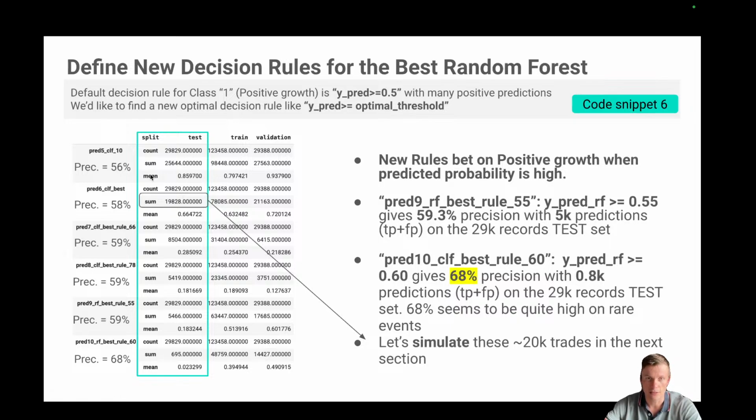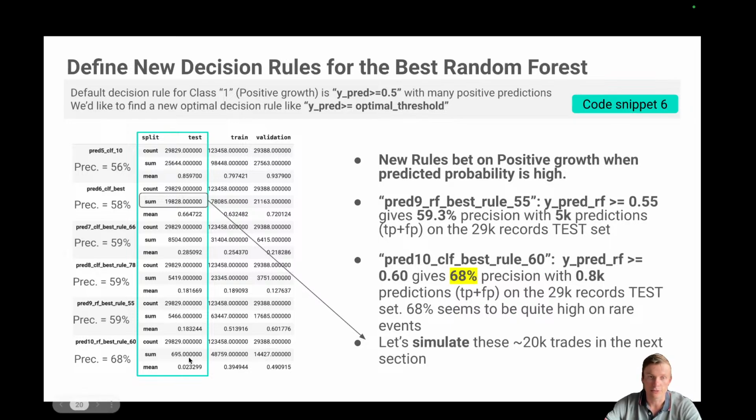What is interesting here is that if you check those predictions on, say, the test set, so they were not trained on this test set, and in each case there are about 30,000 records in the test set, these predictions perform very differently. Prediction number 5 says that you need to invest in 25.6 thousand cases, almost 80% of cases, and you can get precision 56%.